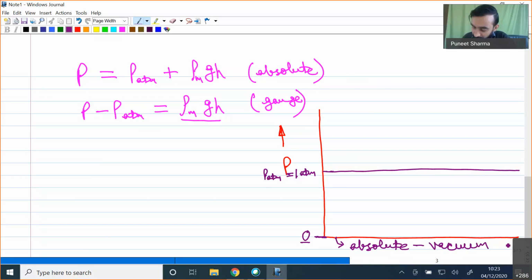Now say I have employed some manometric device or any other device for measurement of the pressure, and I have found some value of pressure over here.